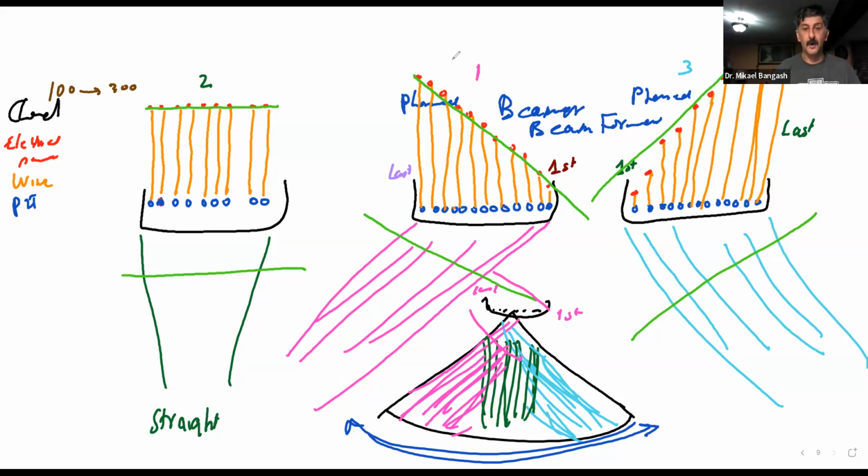Whereas for the light blue one, this will be the first one, this will be the last one. And as for the dark green one, because they fire all at the same time, it will be straight.